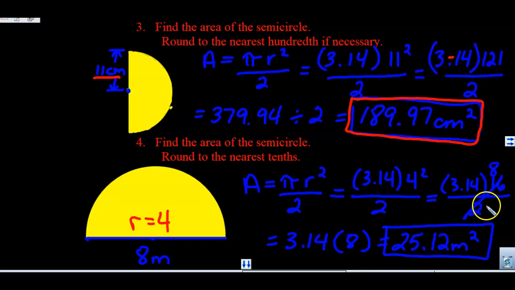What I did here was I reduced so that I didn't have to divide later. So I just saw that we could reduce 16 and 2 because 16 was a multiple of 2. Divide by 2 to get 8. So my answer was 3.14 times 8, which was 25 and 12/100 meters squared.